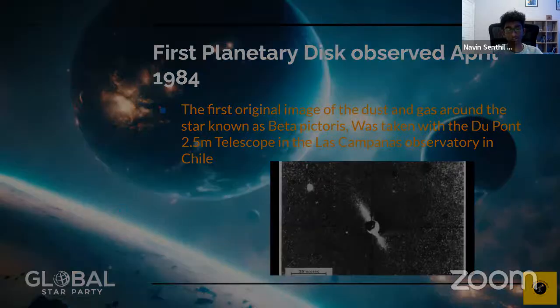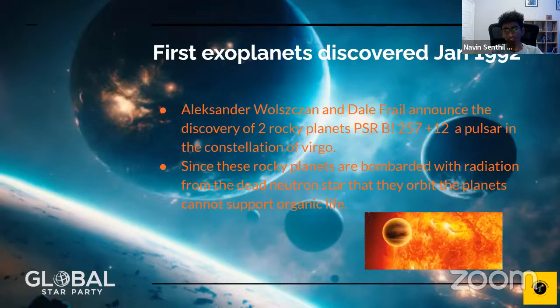Our next event is the first actual exoplanet discovered, in January of 1992. The two astronomers who discovered it were Alexander Wolszczan and American astronomer Dale Frail, who announced the discovery of two rocky planets around PSR B1257+12, a pulsar in the constellation of Virgo.